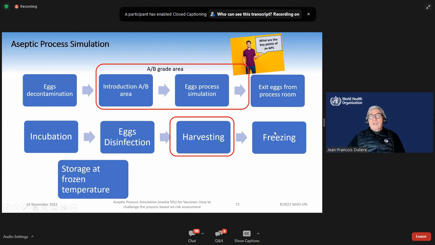Then if we have a freezing of our vaccine and storage at frozen temperature, we will have to consider this point as a holding time and consider if we use the harvest media after a few days.